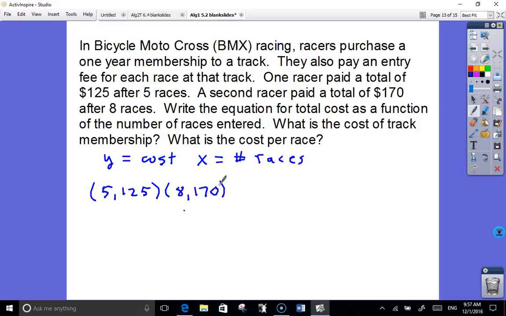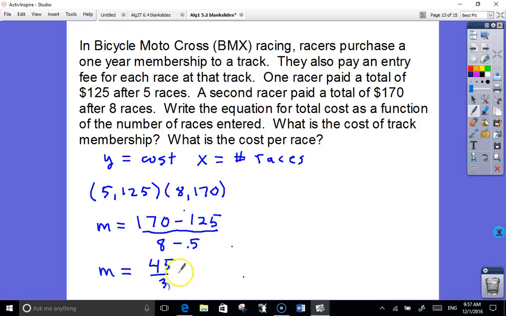Calculate the slope. M equals 170 minus 125. Remember the second number in parentheses goes in the numerator. 8 minus 5. M equals, what is 170 minus 125? 45. Thank you.